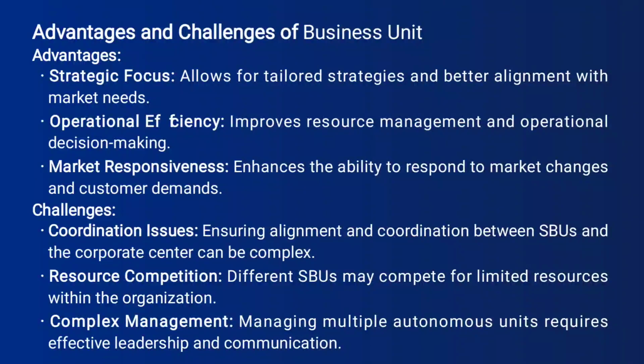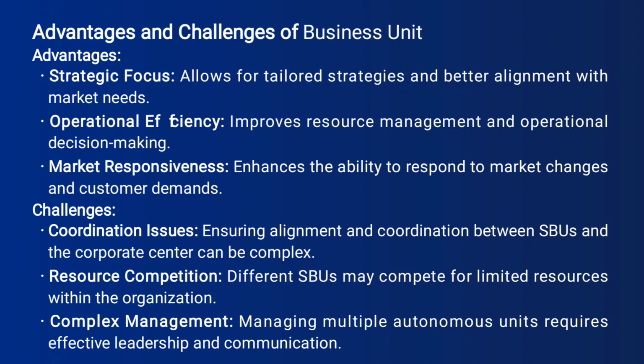One is the coordination issues. While you are aligning everything into one platform, there is a need of coordination and cooperation among the people related internally as well as externally related to the organization. Ensuring alignment and coordination between SBUs and their corporate centers can be complex.